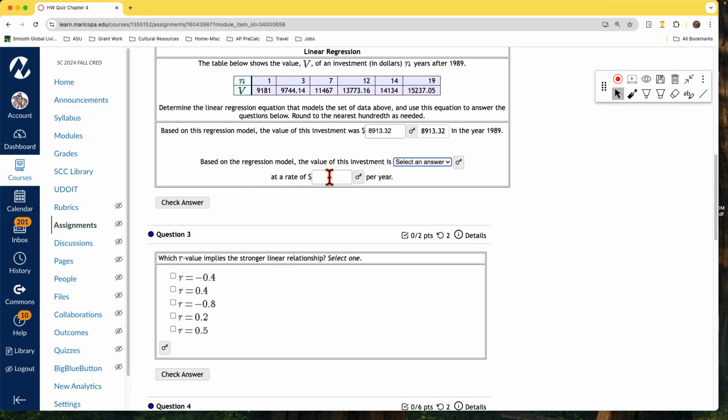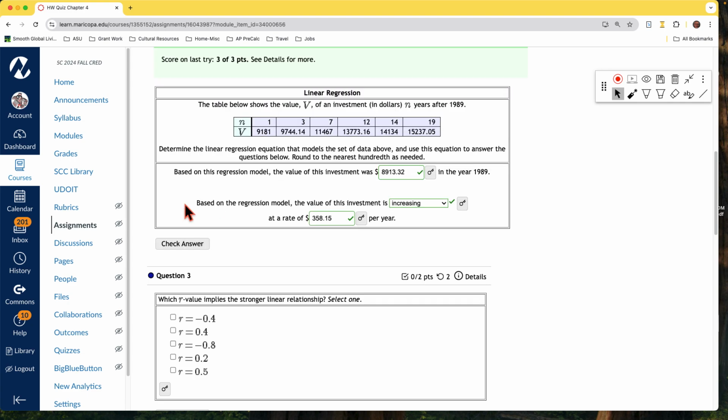Based on this regression model, the value of this investment is increasing at a rate of $358.15 per year. And again, I can just click on the answers, it's correct, or you can check the answer and you got it all right. So notice we just put the numbers in, we've got it set up. Desmos will give us these answers.